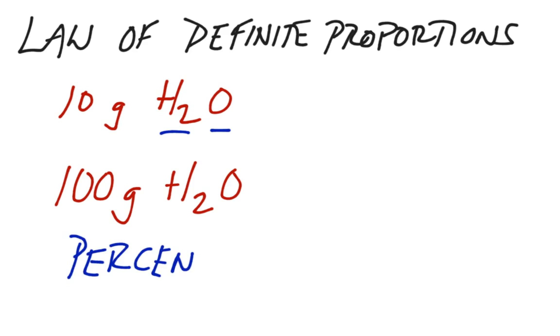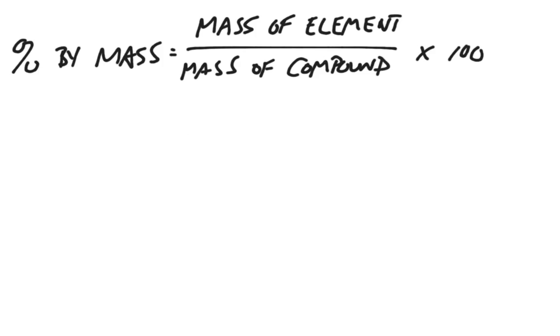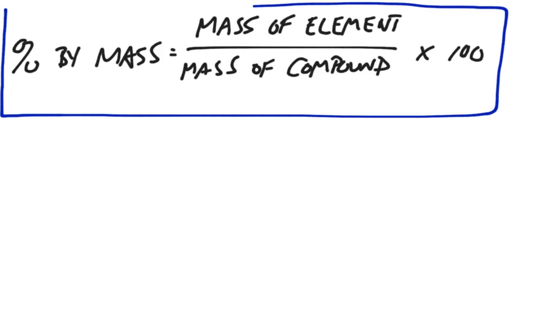Percent by mass is simply a breakdown of the percentages that make up the elements in our compound. Percent by mass is calculated by taking the mass of your element divided by the mass of the compound. Let's say we had a 50-gram sample of water.